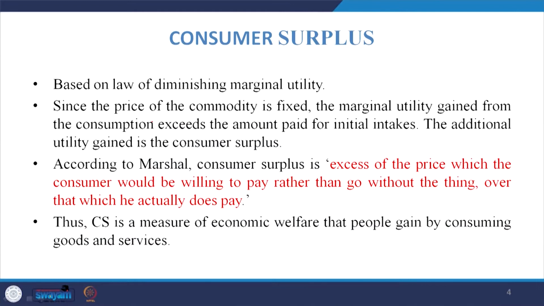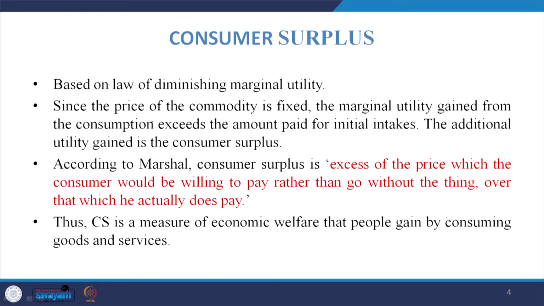According to Marshall, consumer surplus is the excess of the price which the consumer would be willing to pay rather than go without the thing over that which he actually does pay. In simple terms, consumer surplus is what the consumer is willing to pay minus what the consumer is actually paying.